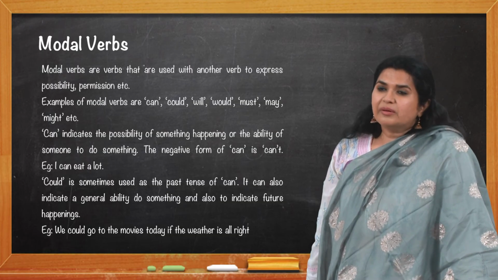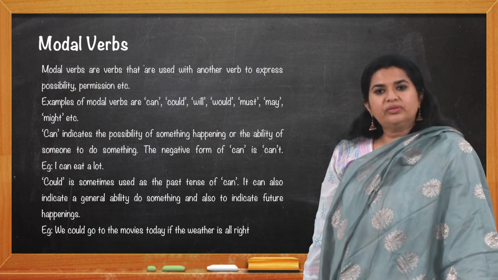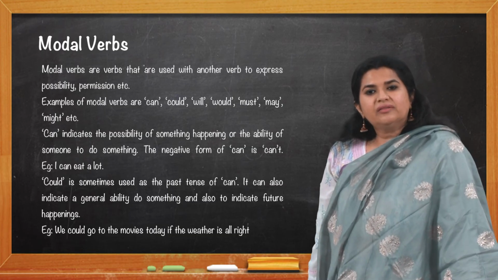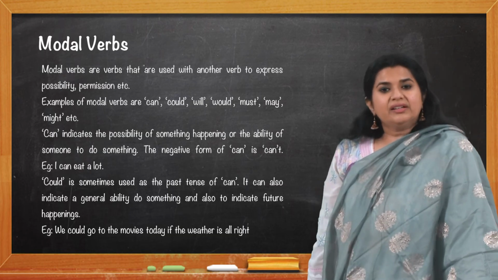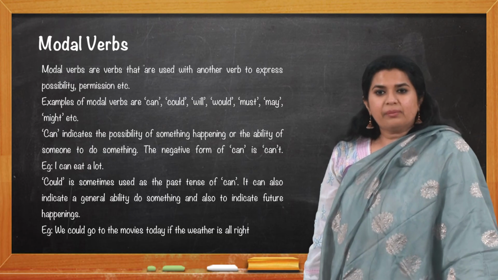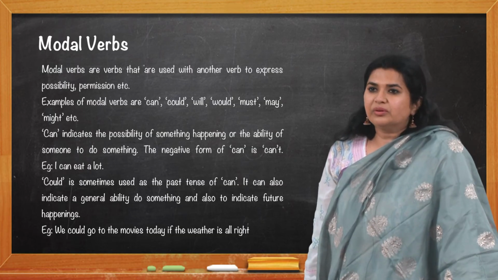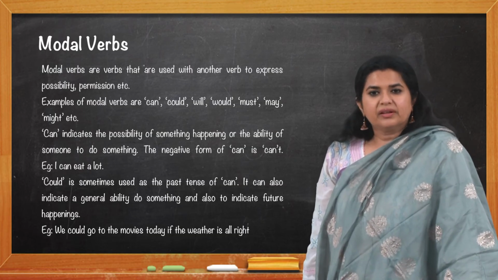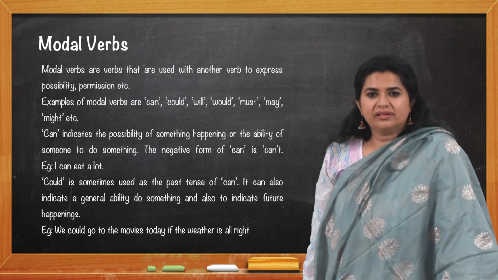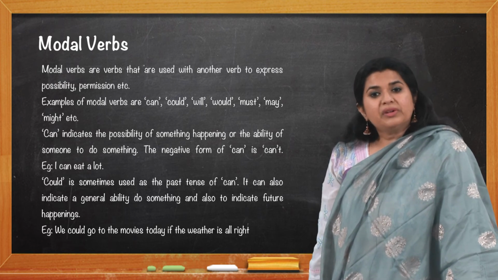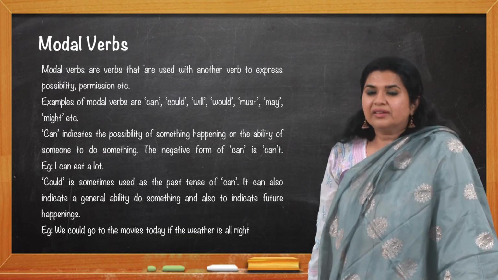Otherwise, most of the time these modal verbs are used along with another verb to express possibility, permission, etc. Can indicates the possibility of something happening or the ability of someone to do something. The negative of can is cannot or can't. Could is sometimes used as a past tense of can.